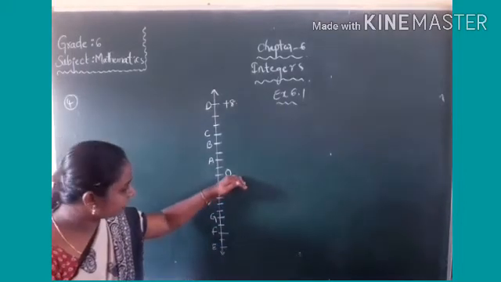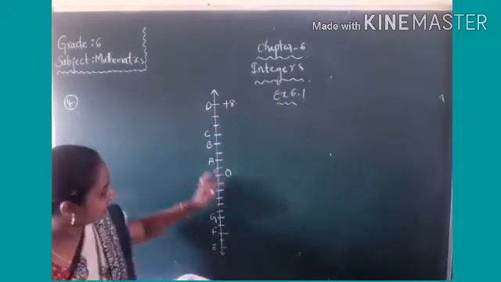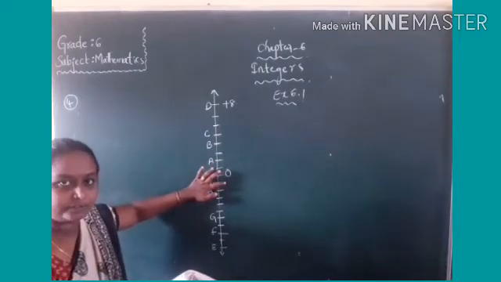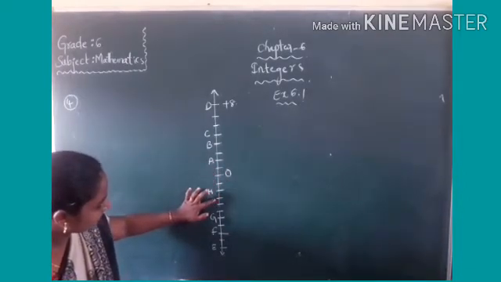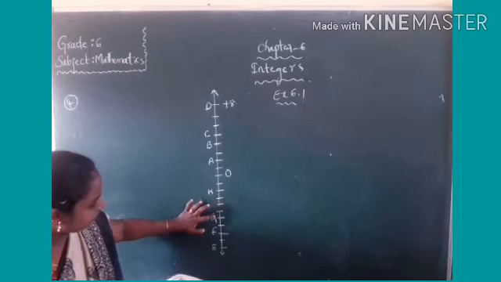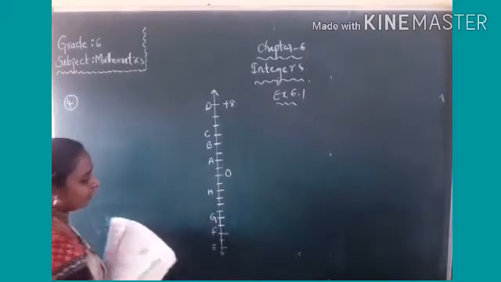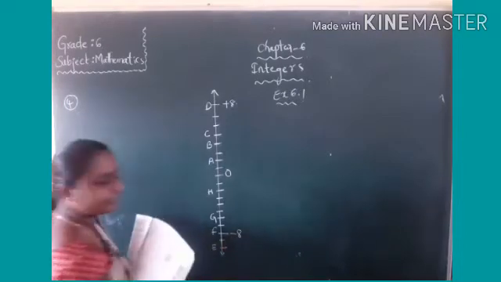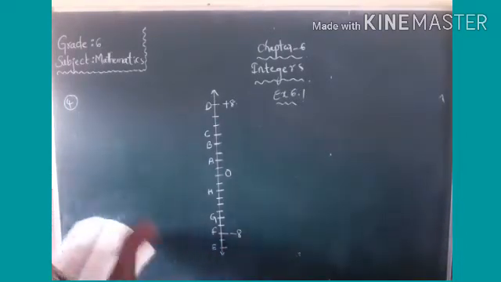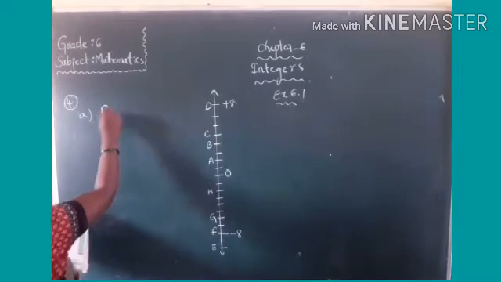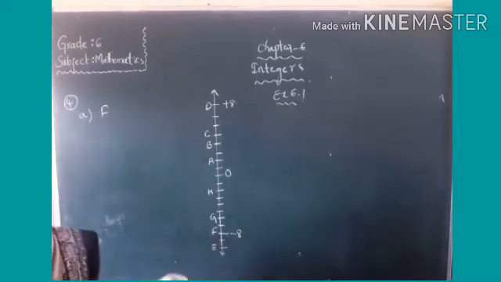So you have to move below 0: minus 1, minus 2, minus 3, minus 4, minus 5, minus 6, minus 7, minus 8. So at which point is minus 8? Yes, minus 8 is at F.